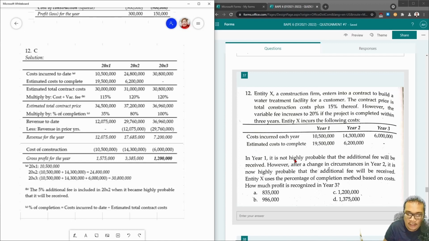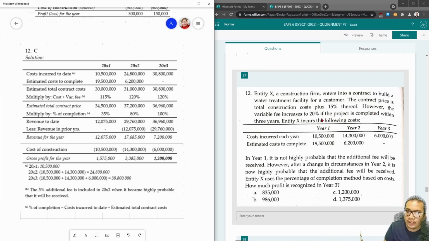I-count mo lang siya if it is highly probable that walang reversal na mangyayari in the future if that particular contingent was resolved, di ba? Ibig sabihin, pag ginamit mo na siya, highly probable na hindi na magbabago pag nangyari yung contingent. So, pag ganun yung sinabi ng problem, edi gamitin mo. Di ba? Yun yung usapan, di ba, sa standard.